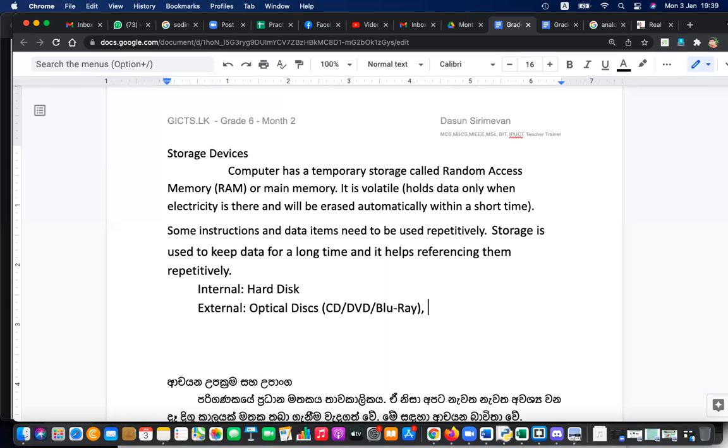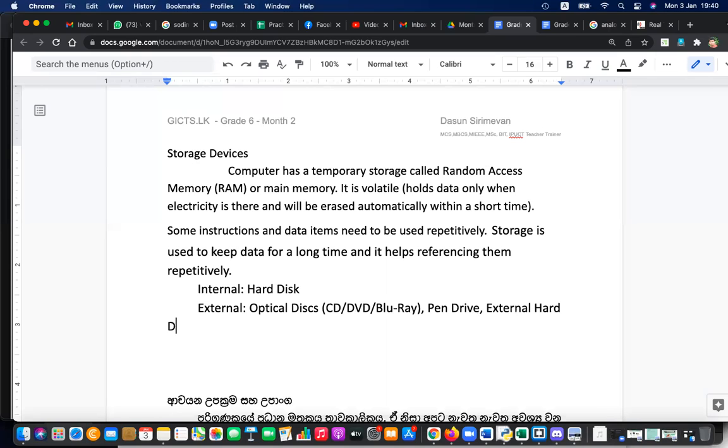And not just that, you also have pen drive, external hard disk. And have you seen memory cards?